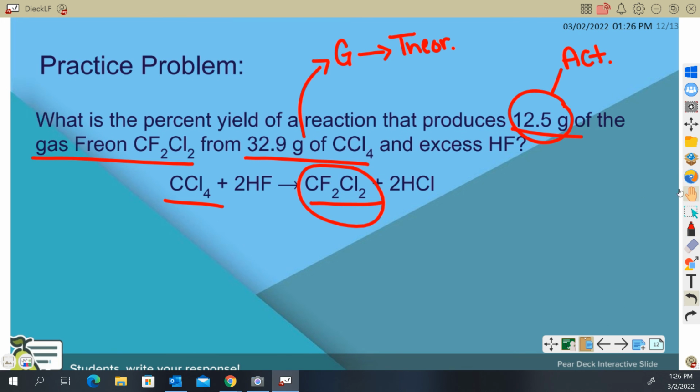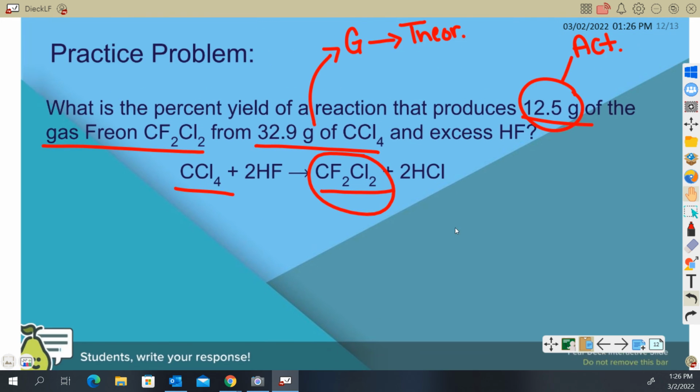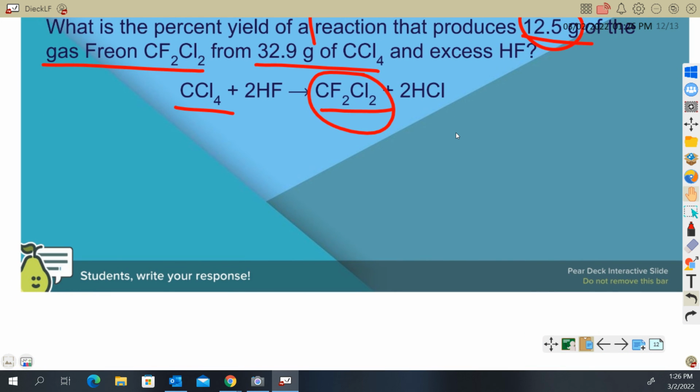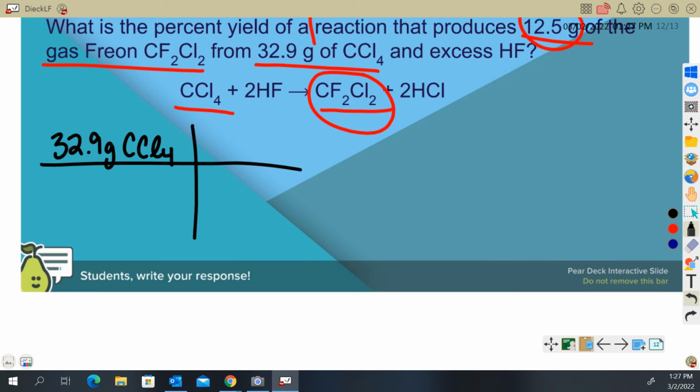All right, let's check your progress. Our given is going to be 32.9 grams of carbon tetrachloride, CCl4. What is my molar mass of CCl4? 153.81. Perfect. Our middle is our mole ratio, so we want Freon.